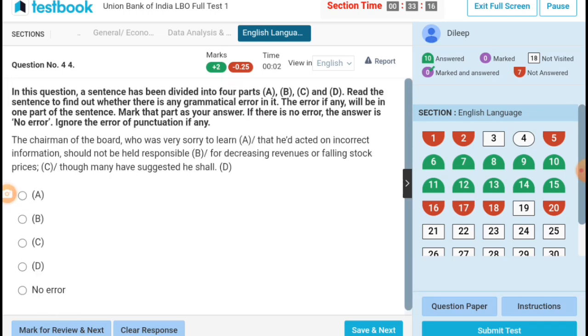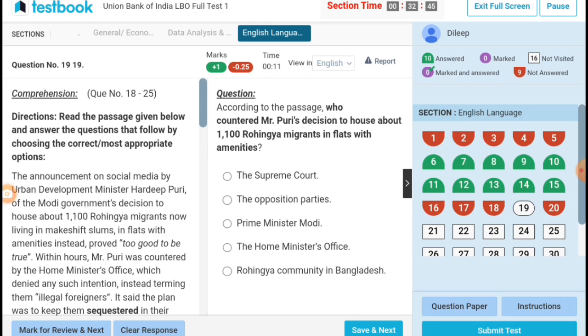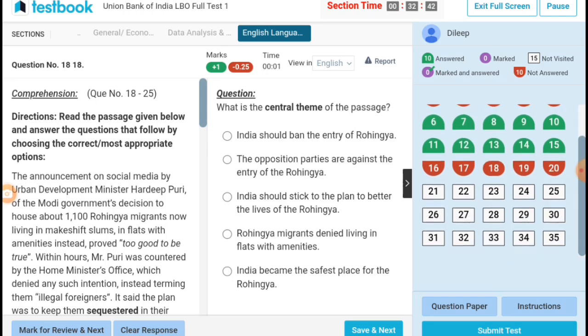The chairman of the board was very sorry to learn that he had acted on incorrect information. 18 to 25.